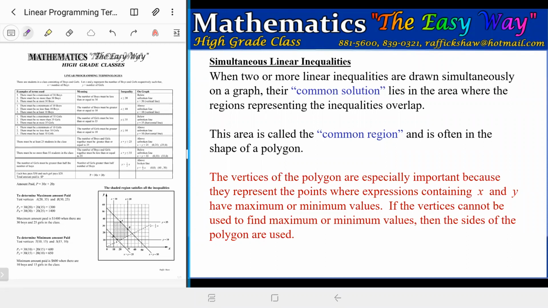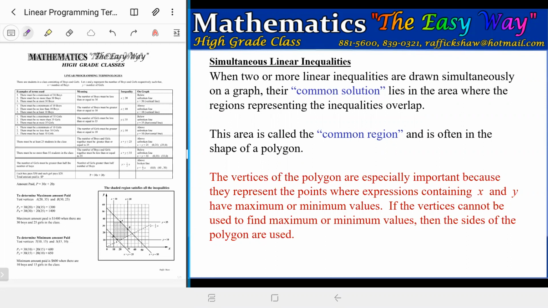So remember, the inequality is represented by a region. We're talking about 2 or more inequalities, and so it is where the regions overlap. That is where you'll find a common solution. This area is called a common region, and is often in the shape of a polygon. In fact, always it will be in the shape of a polygon when we're talking about lines.